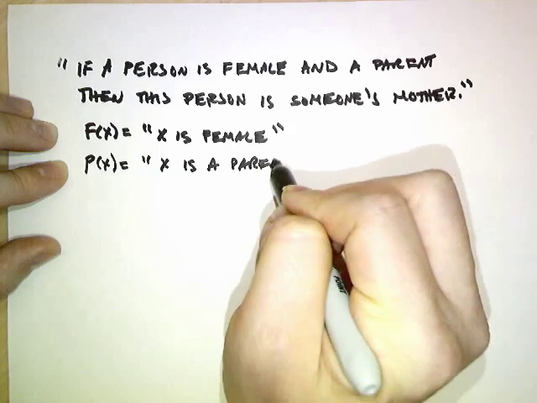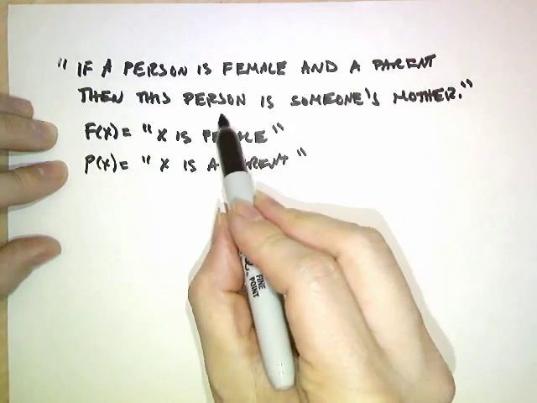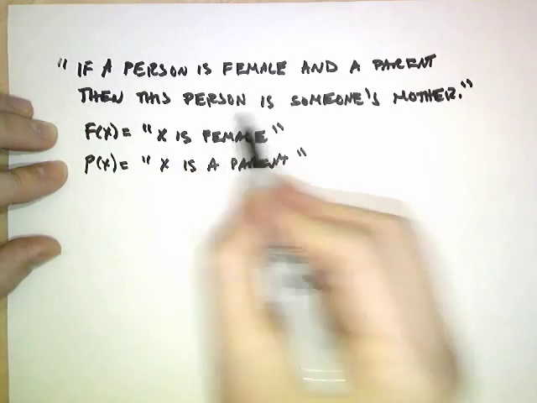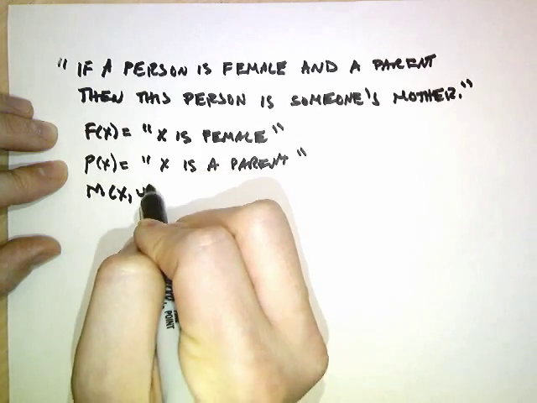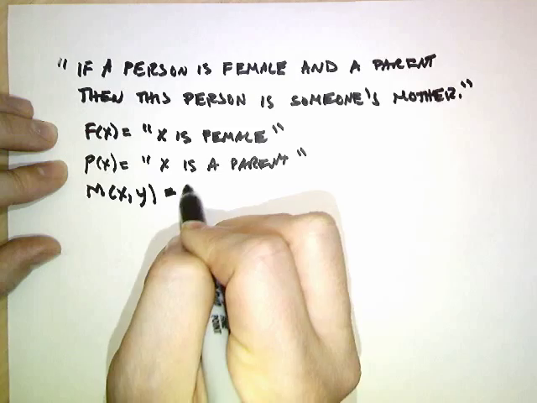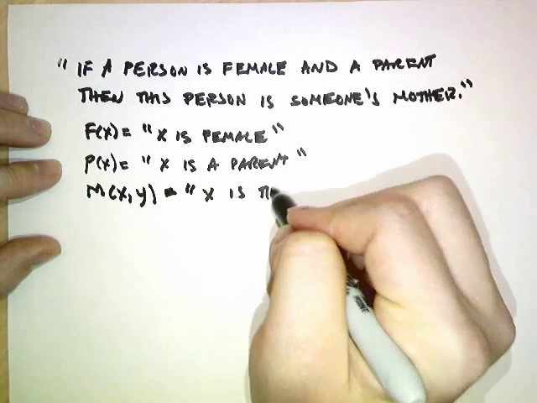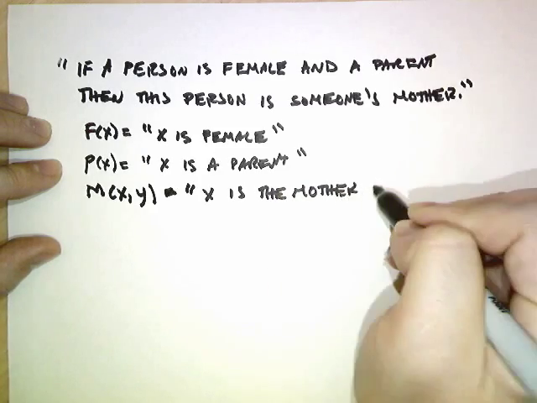And then we have this relationship, this person is someone's mother. So this is going to involve two people. So we'll have M of x, y, and this is going to be x is the mother of y.